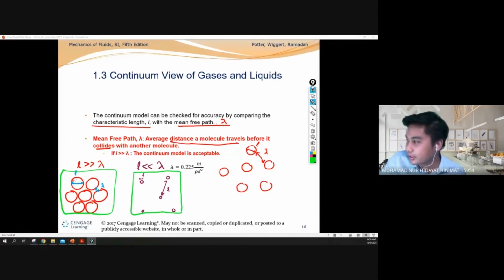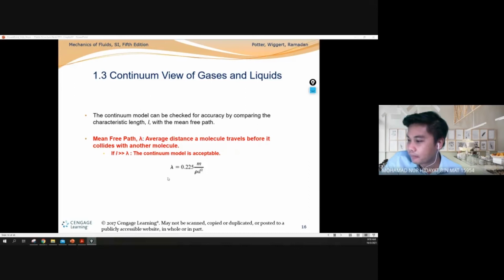The equation. Okay. So this is the equation, given by the researcher to predict the relationship between the lambda and the characteristic length.